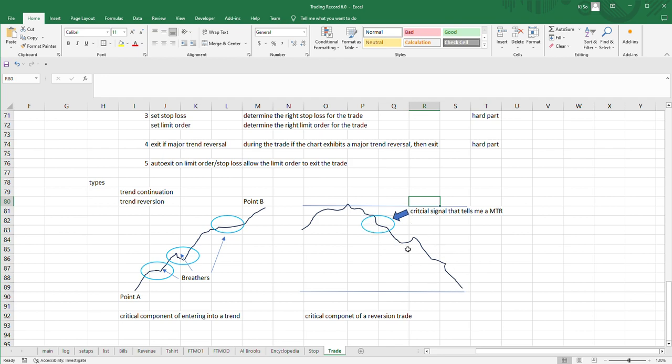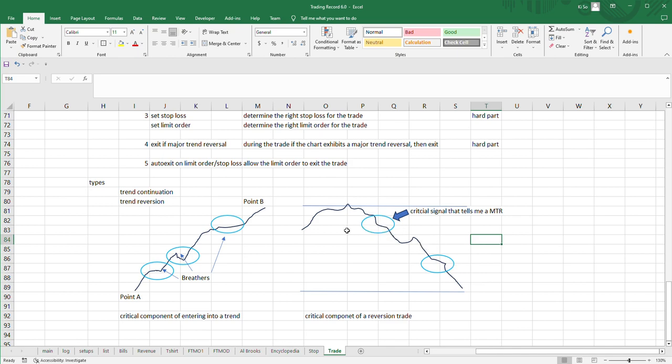And what I see here is going to appear here as well. That's a breather. Okay, that essentially is just repeating what I've seen as continuation signals.